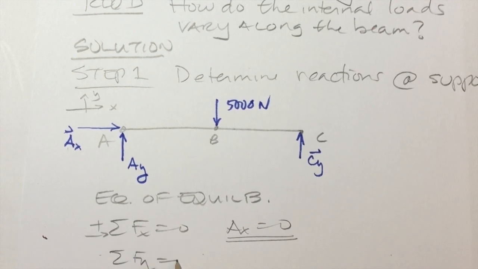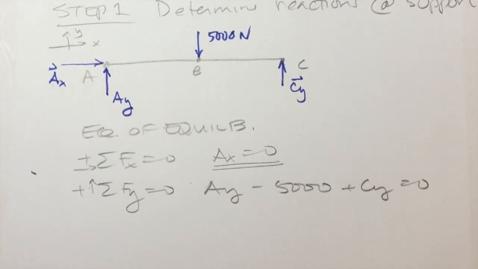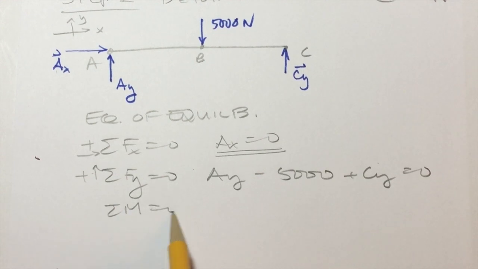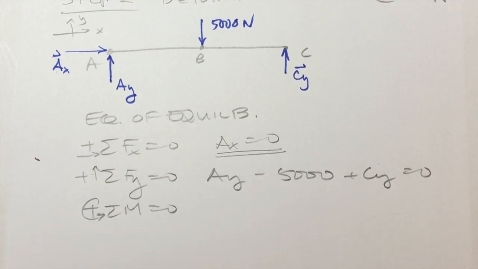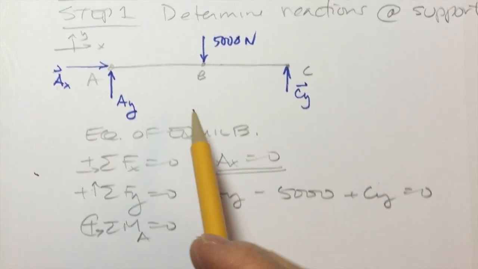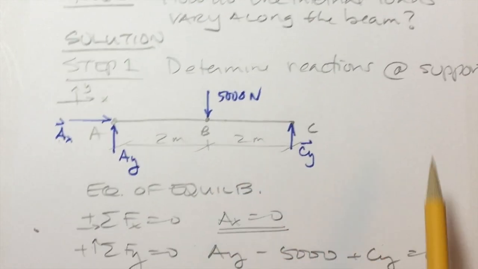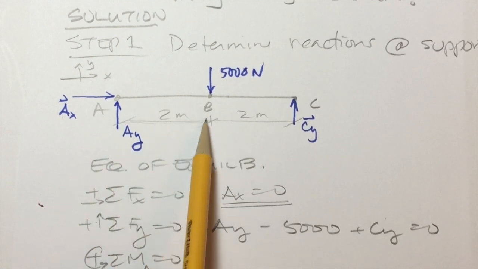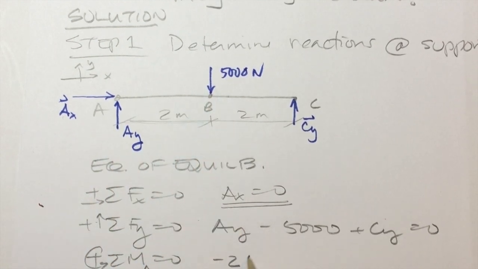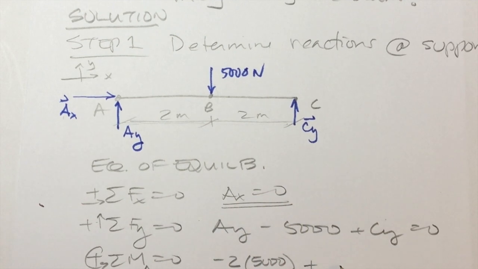Sum of the forces in the Y is 0, that would be AY minus 5,000 plus CY is equal to 0, and sum of the moment is equal to 0, and I get to choose a point. I'll choose point A. That gives me this moment arm times 5,000. That'll give me a negative moment. This moment arm times CY gives me a positive moment.